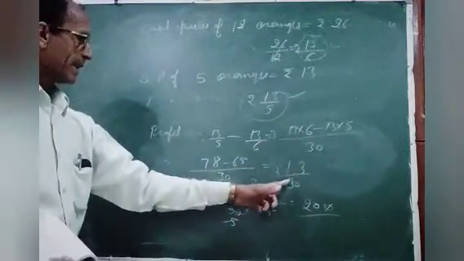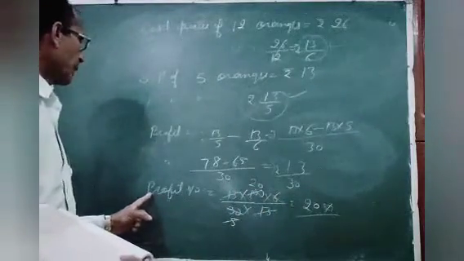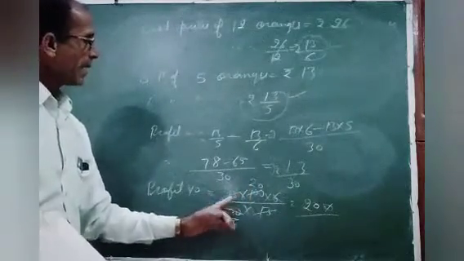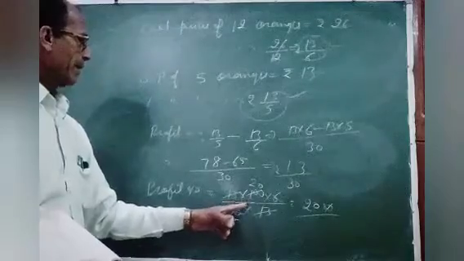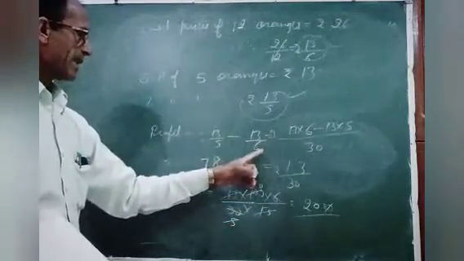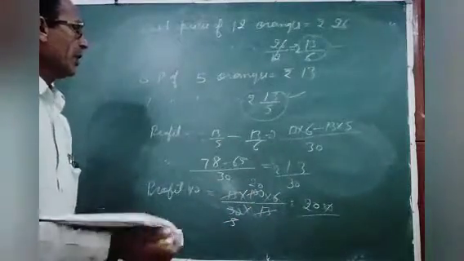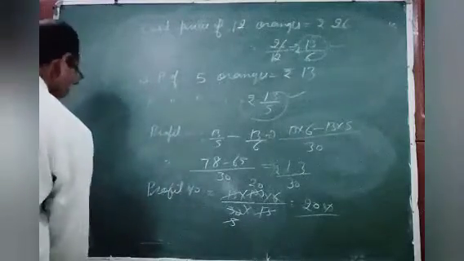The formula for finding profit percent, I told you, is profit multiplied by 100 upon CP. So profit is 13 by 30 multiplied by 100 upon CP. CP is 13 by 6. Take the reciprocal. So it is 20%. So this is the profit.